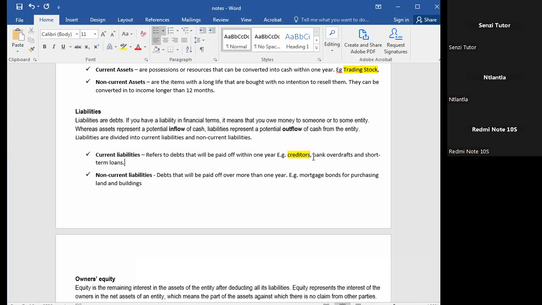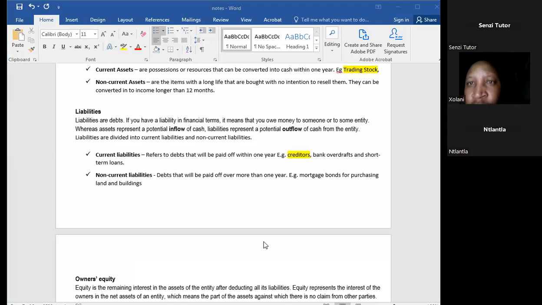But if it's more than 12 months, or more than 1 year, it must be a long-term loan. All right. Those are current liabilities. Okay, let's move on by looking at the non-current liabilities now. Non-current liabilities are debts that will be paid off over more than 1 year.